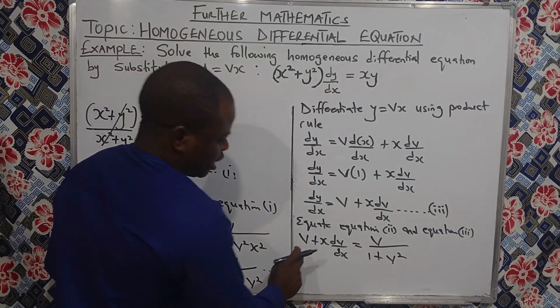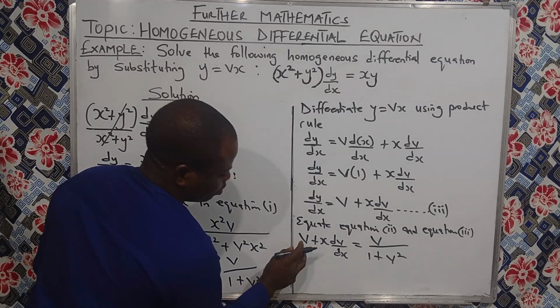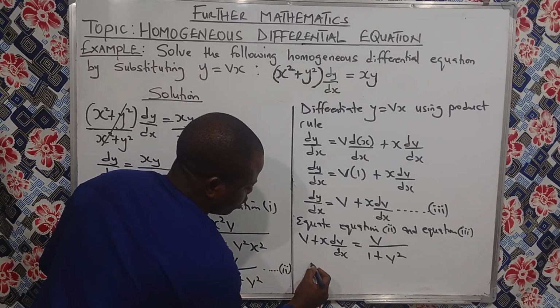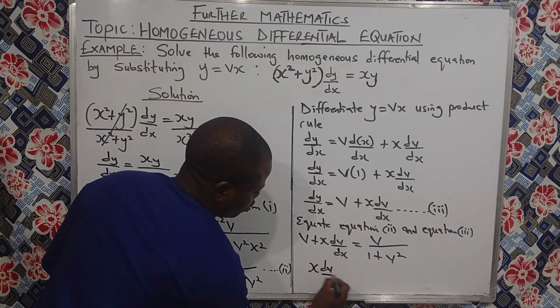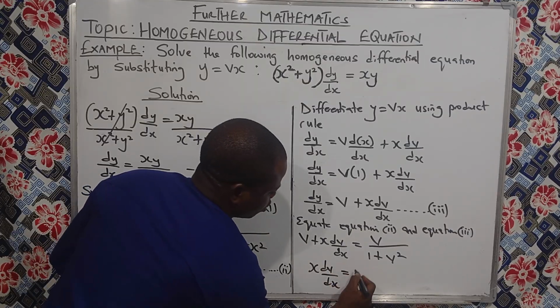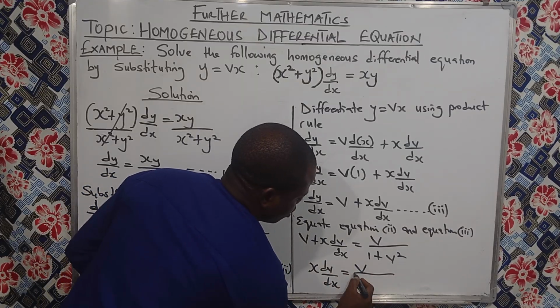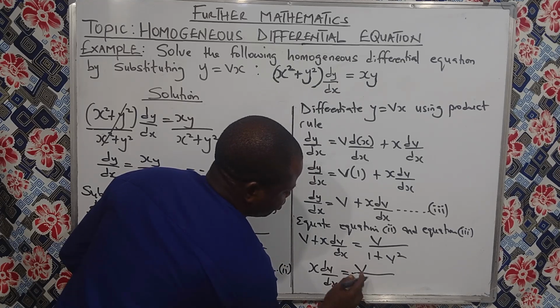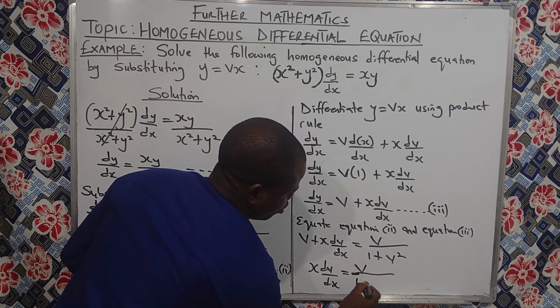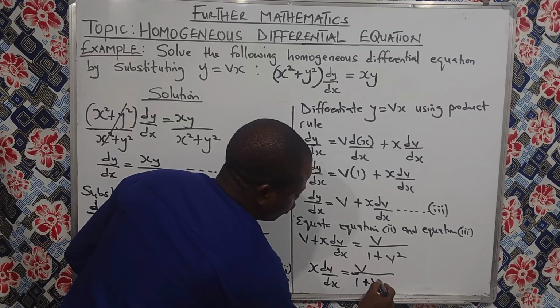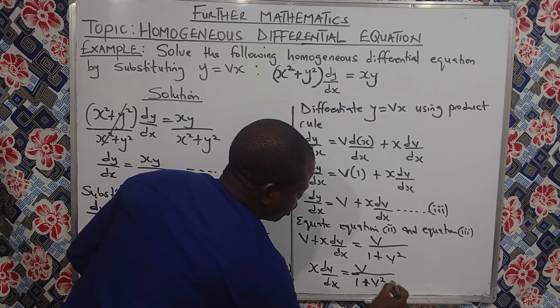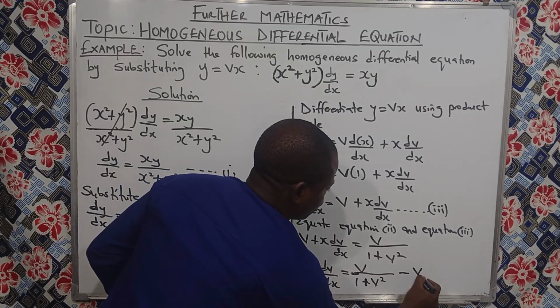Okay, now take v across the equal sign. It is positive before it turns negative. X dv over dx equals v over 1 plus v squared minus v over 1.